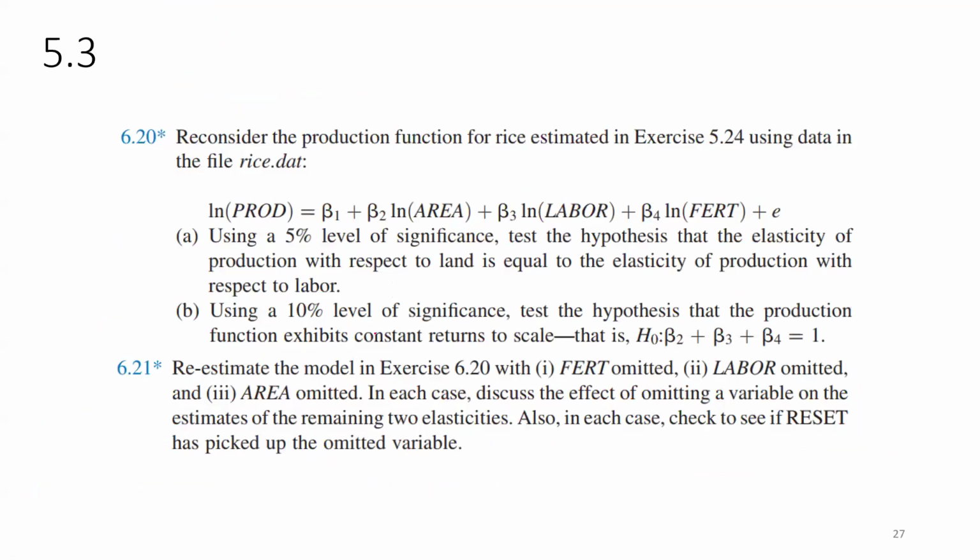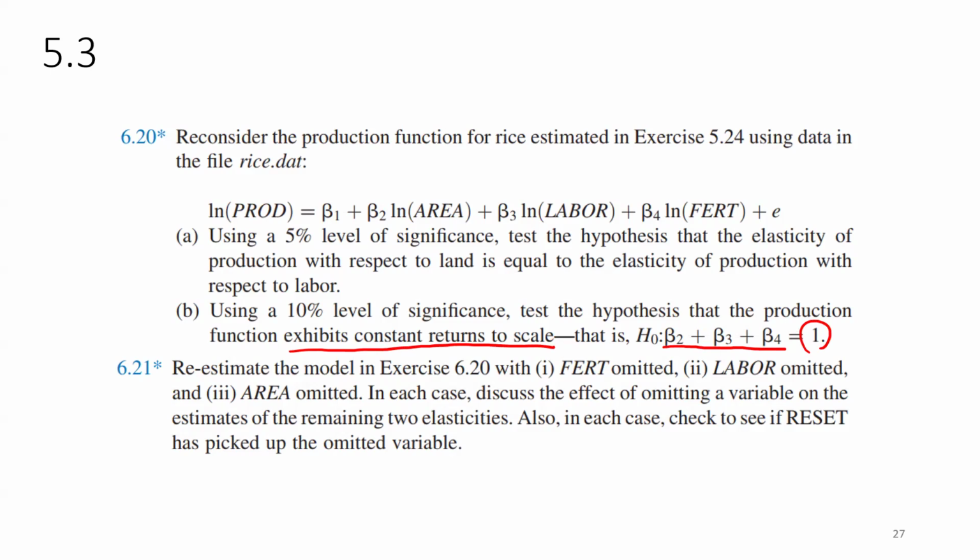And then they would like to test the hypothesis that the production function exhibits constant return to scale. They would like to know whether beta 2 plus beta 3 plus beta 4 equals 1 or not. How do you know?